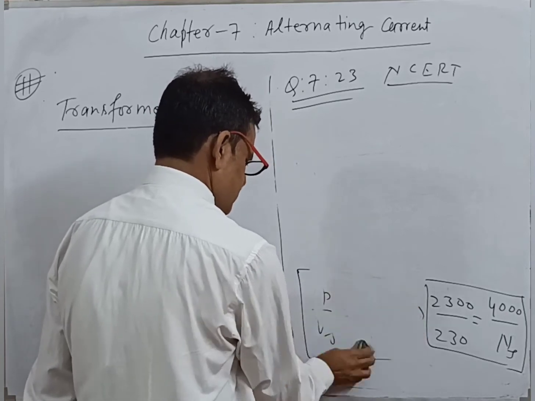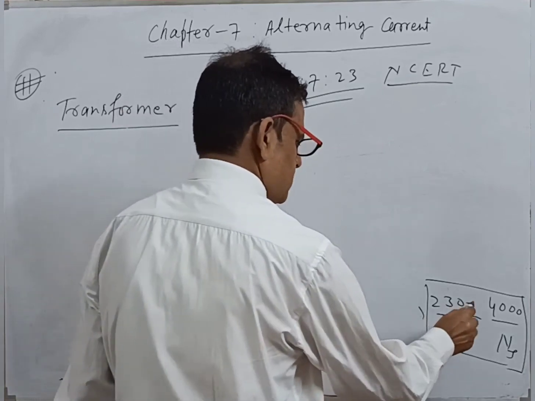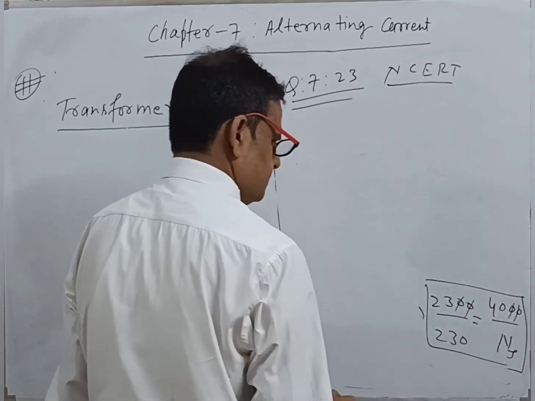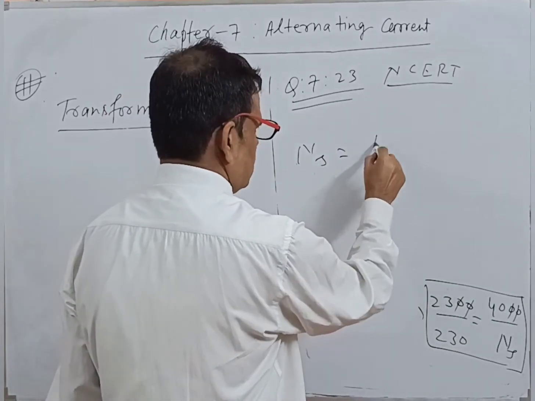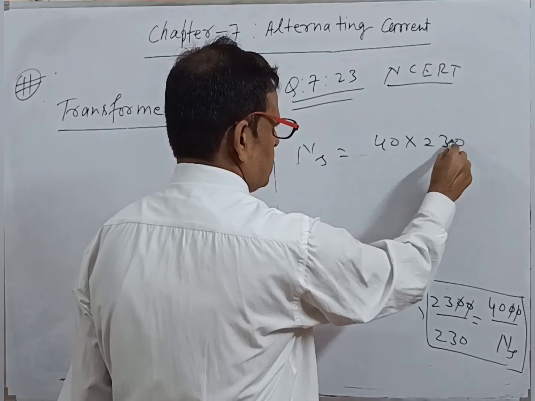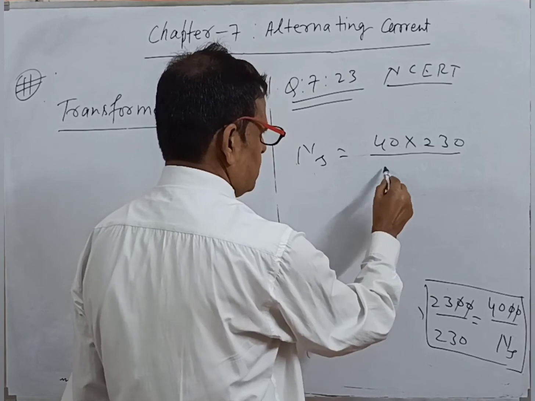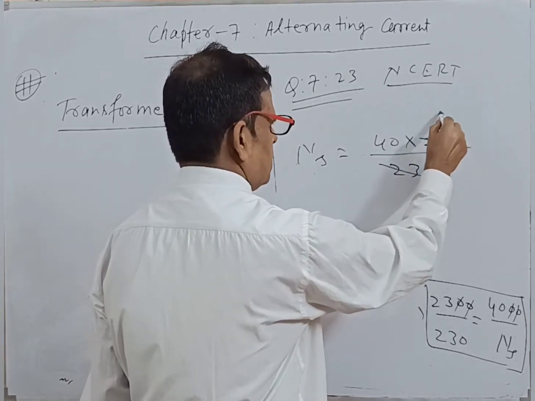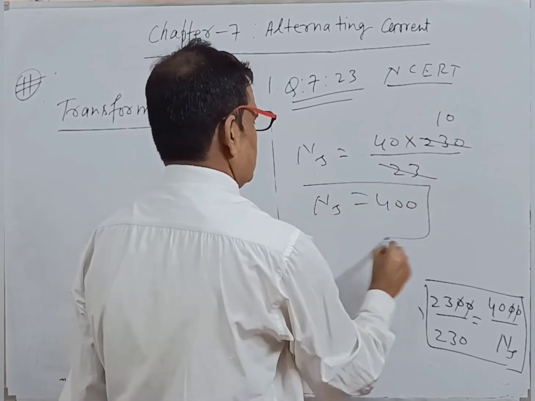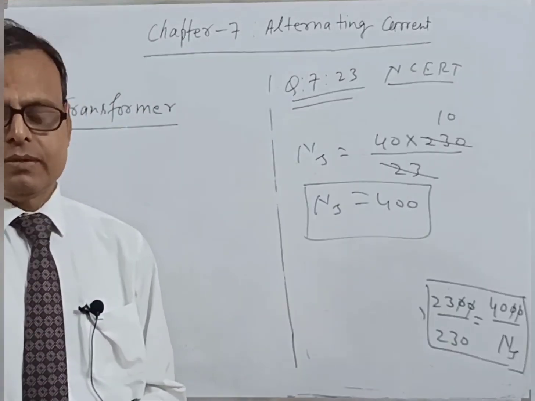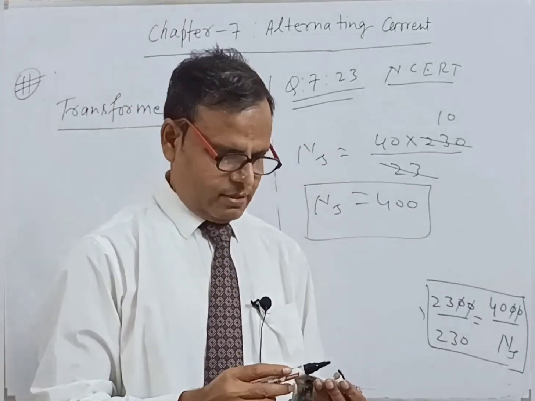Here Ns is equal to 40 into 230 divided by 23. It is 10 times 40. Ns, number of turns, 400. So this is the answer of this question. I think you have got it. Okay.